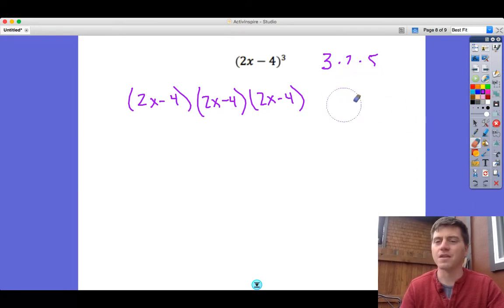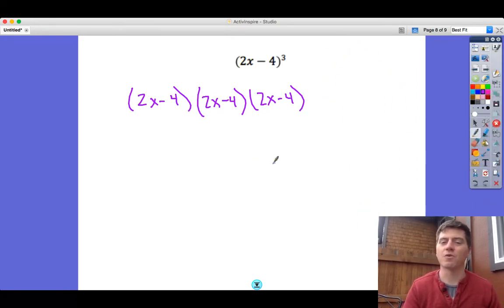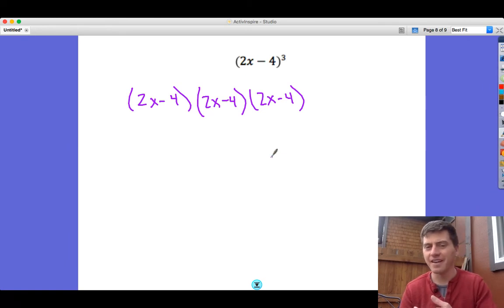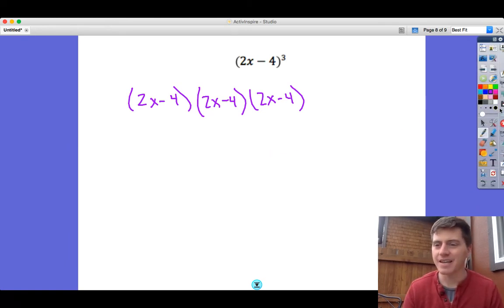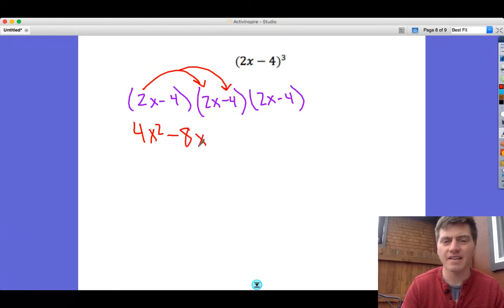But the main idea out of that is that we're going to have to multiply 2 of them first and then the next one. So in this case, 2x times 2x is 4x squared. 2x times negative 4 is negative 8x. And then negative 4 times 2x is negative 8x again.